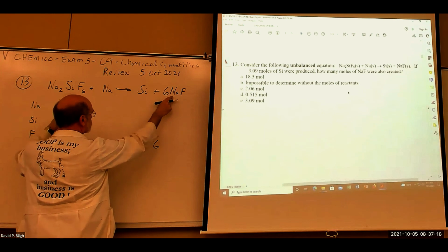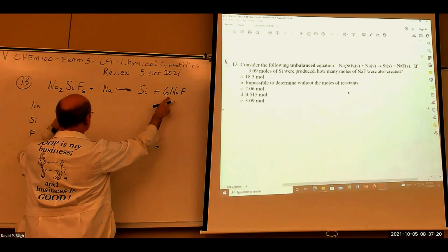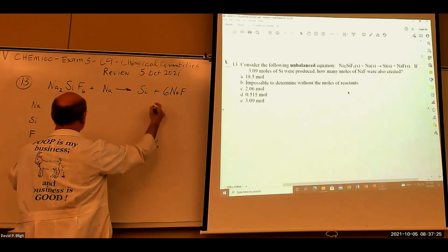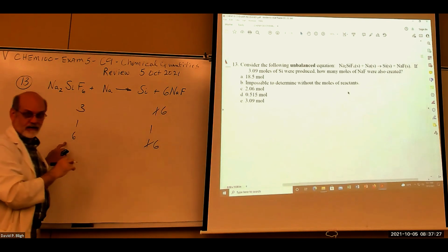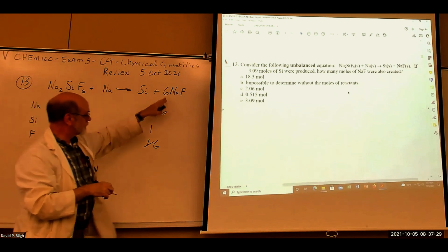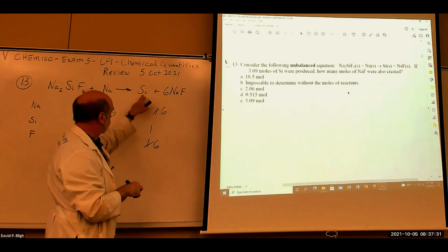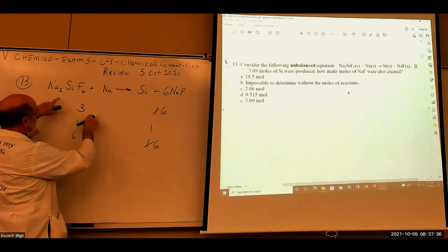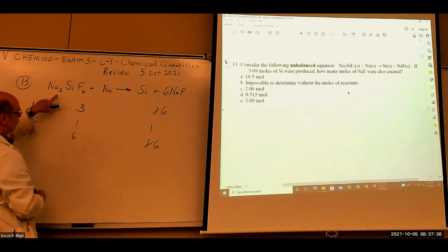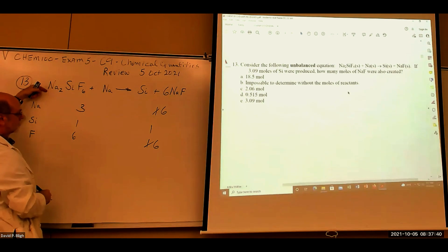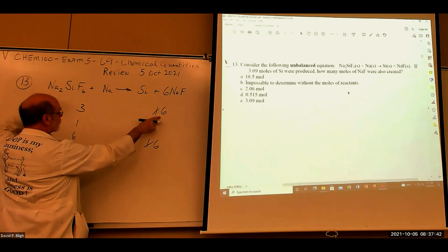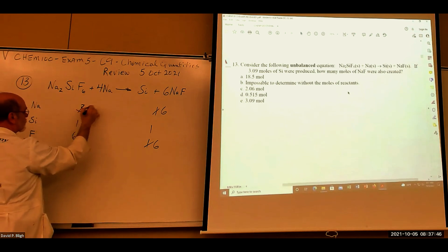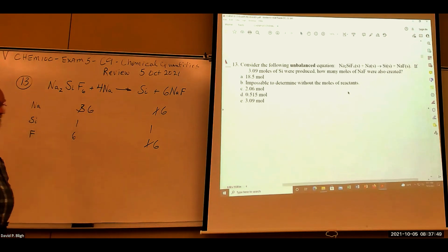We have 6 fluorine, 6 sodiums. Yeah, I forgot that part: 6 sodiums, 6 fluorine, 1 silicon. How do we get 6 sodiums out of this one? You've already got 2, so you only need 4 more. 4 plus 2 is 6, and we're balanced.